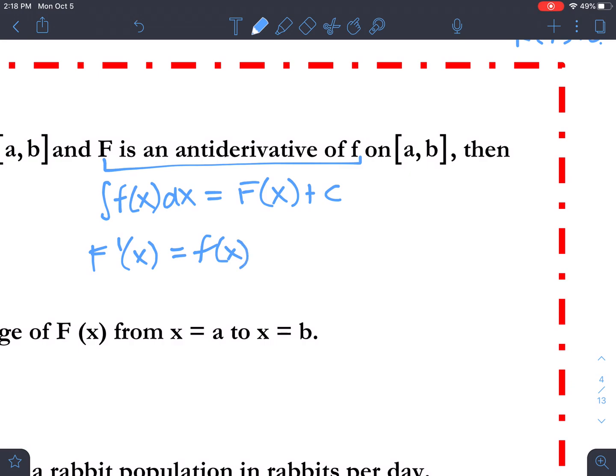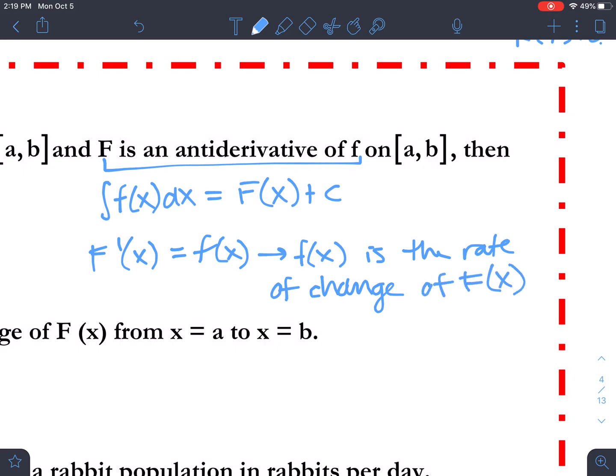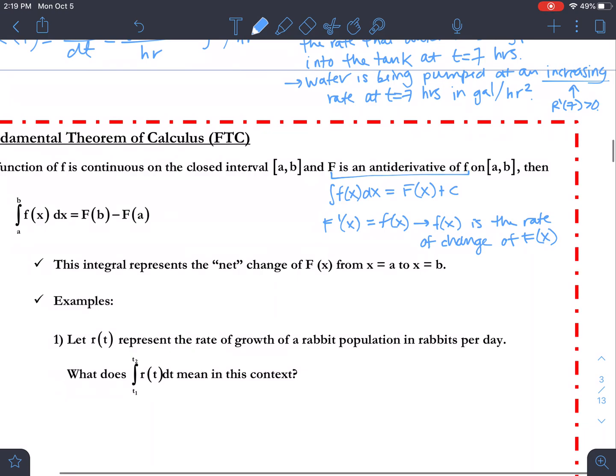Okay, so a couple really important things here that we want to write down. This one, we just talked about it above. Little f of x is the rate of change of capital F of x. We talked about that on that whole first page. Now, this one, really important here.